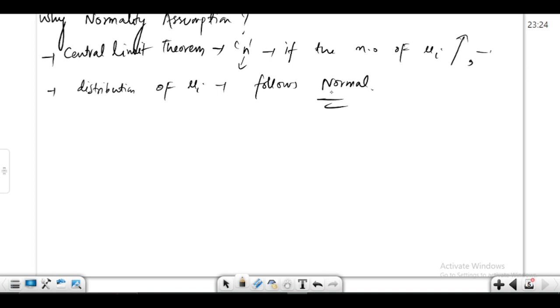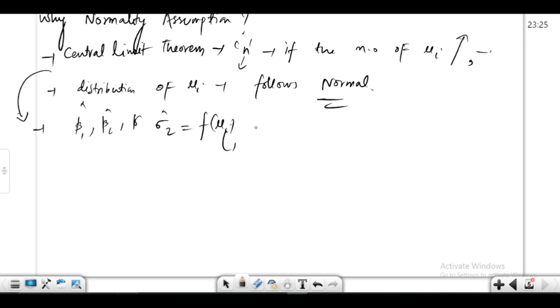And the second reason comes from here only. Any linear function of a normally distributed variable is itself normally distributed. So I know that my beta 1 hat, beta 2 hat, and sigma square hat are all functions of ui.